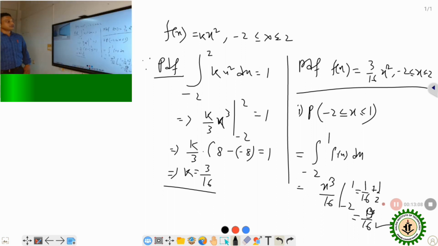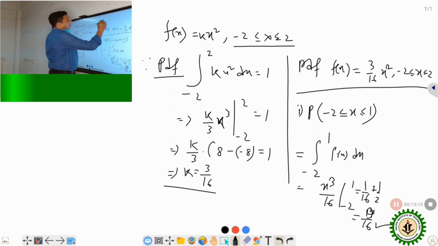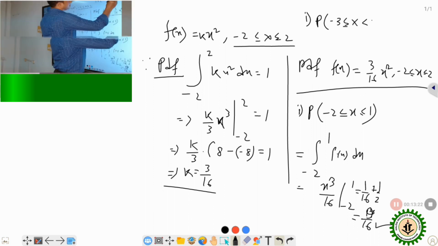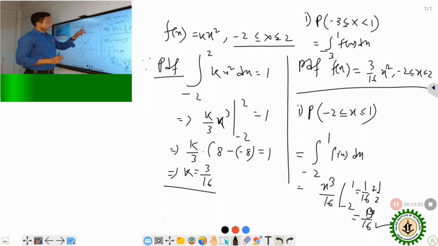One more thing you need to note here. Look at this, the PDF is defined from minus 2 to plus 2. So if someone asks you the probability from minus 3 less than or equal to x less than 1, the integration would start from minus 3 to 1. But since f of x is defined from minus 2, you have to start from minus 2, because from minus 3 to minus 2, f of x equals 0.